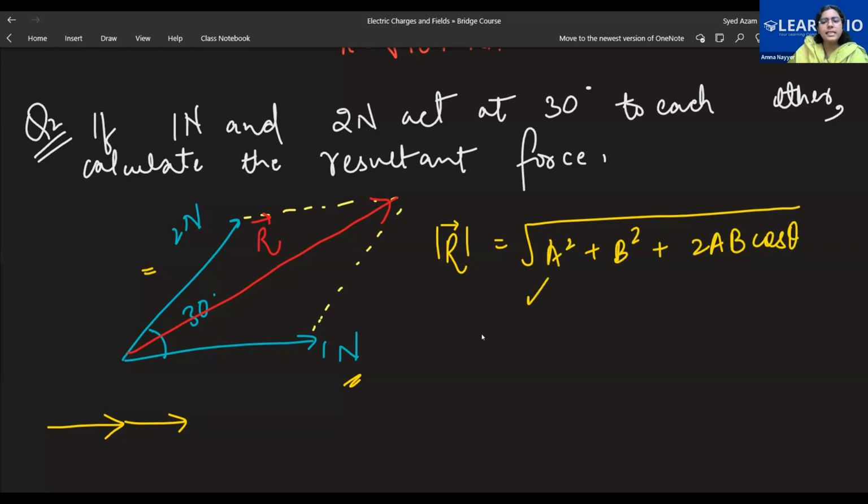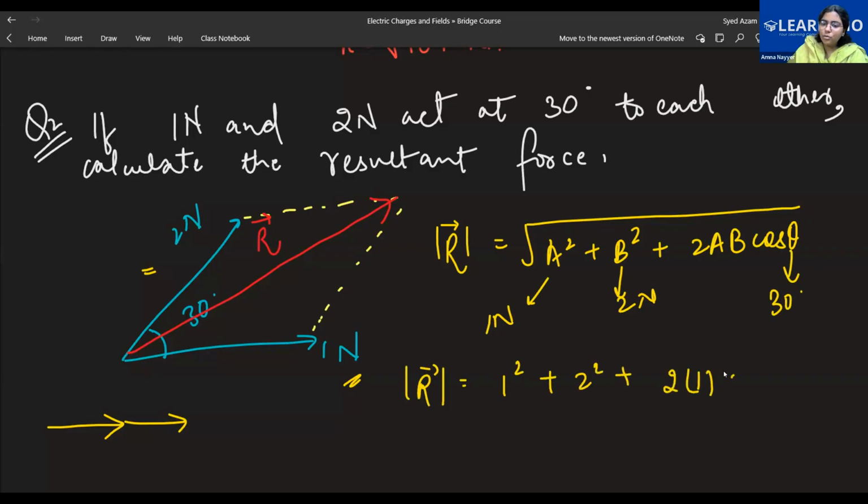Now let's take a as 1 Newton, b as 2 Newton, theta is given as 30 degree. So magnitude will be under root 1 square plus 2 square plus 2 into 1 into 2 into cos 30. Cos 30 is root 3 by 2.